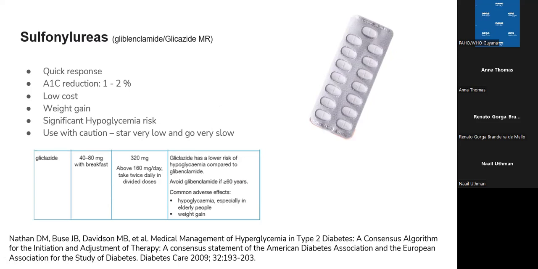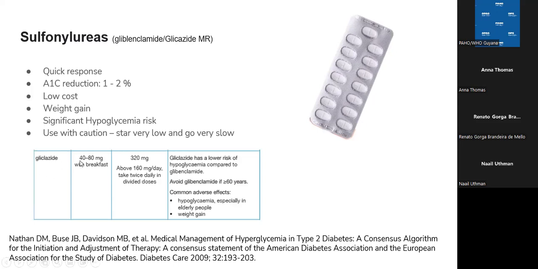Start, for example, glibenclamide 2.5 milligrams once daily. And after 1 month, 5 milligrams once daily. Only if the patient doesn't experience hypoglycemia events, you should then increase the dose to 5 milligrams 2 times a day. Or you can use gliclazide, which is safer.